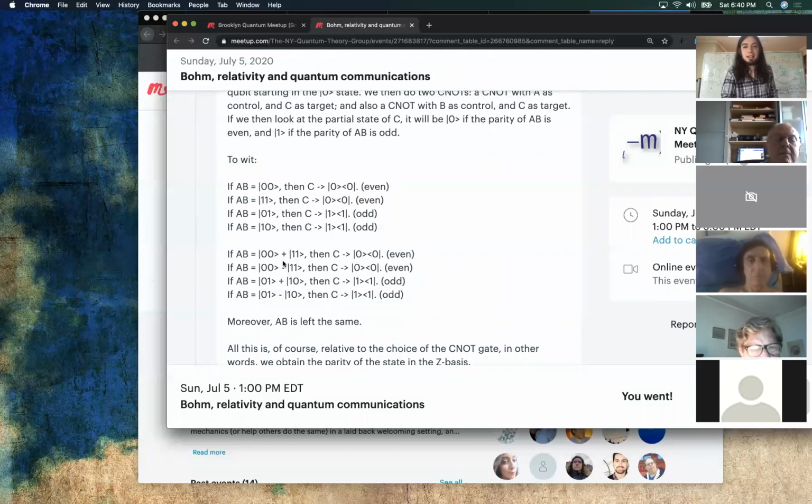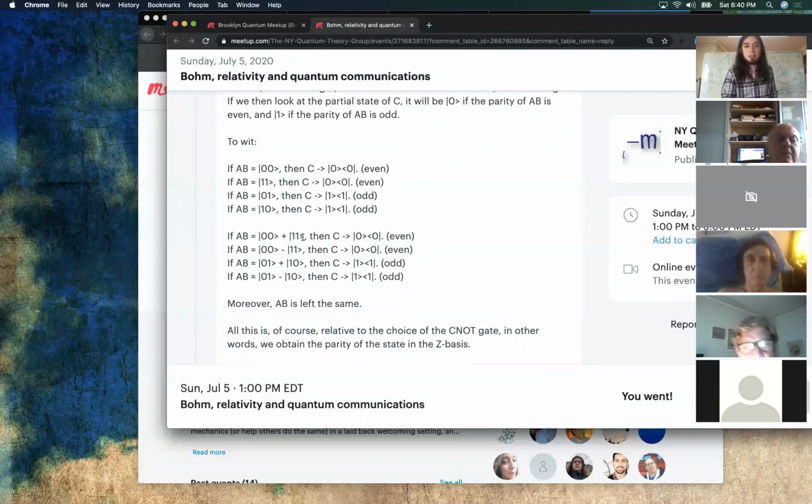And these are each separable states. But if you look at the entanglement, it still works. If you have 0,0 plus 1,1, then C gives you an even parity, and these are both odd parity.